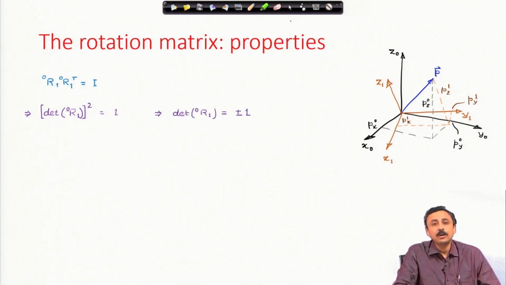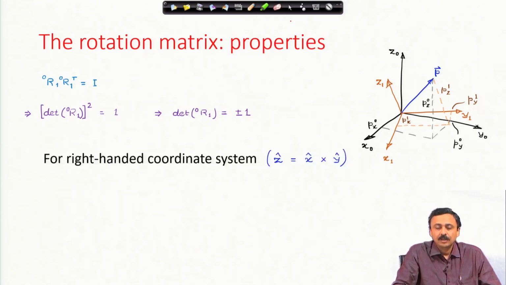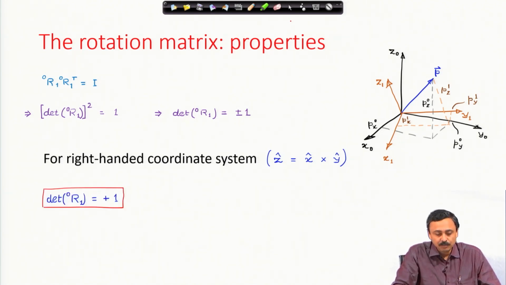Therefore, the determinant of any rotation matrix can be either +1 or -1. If we consider a right handed coordinate system where the unit vector along z is the cross product of the x and y unit vectors, then the determinant choice is +1.